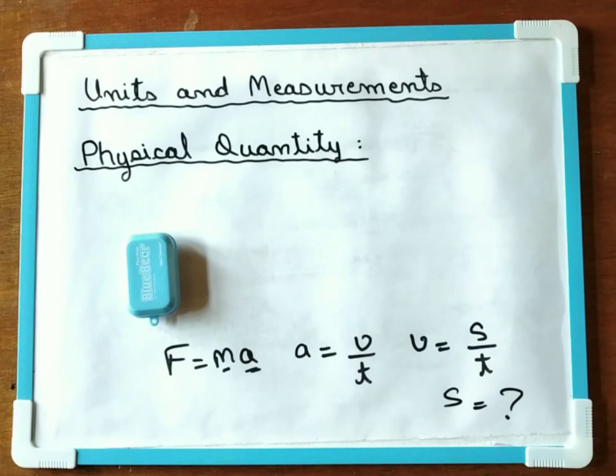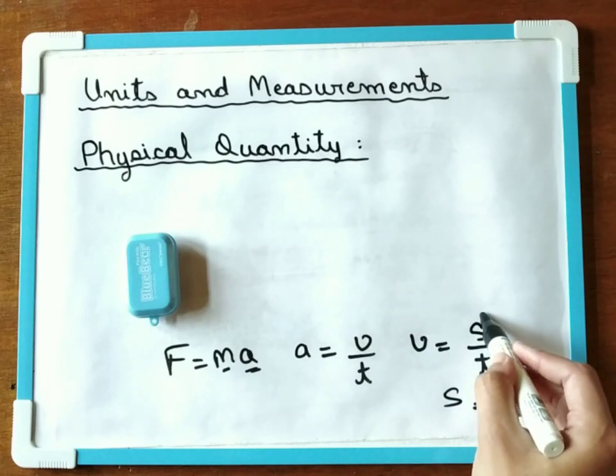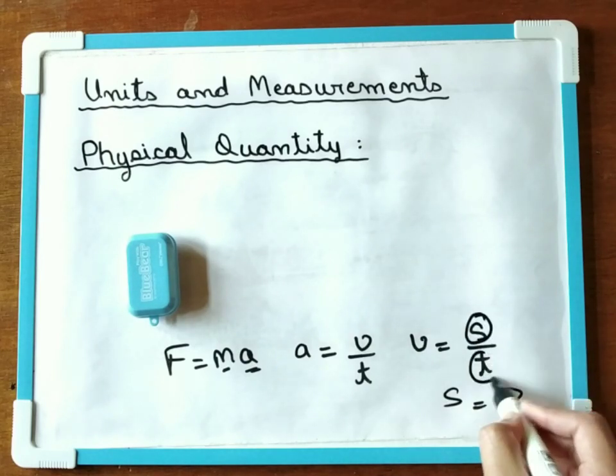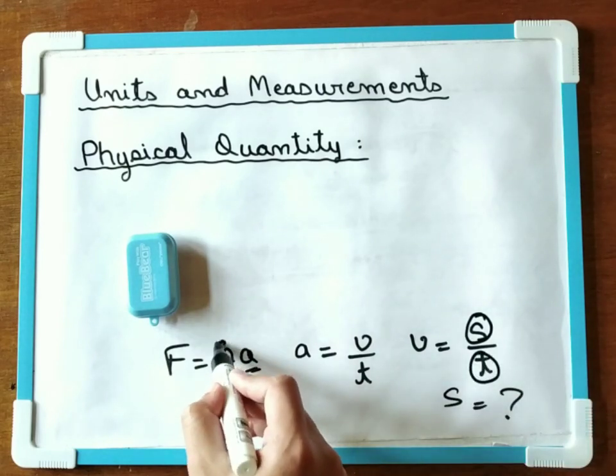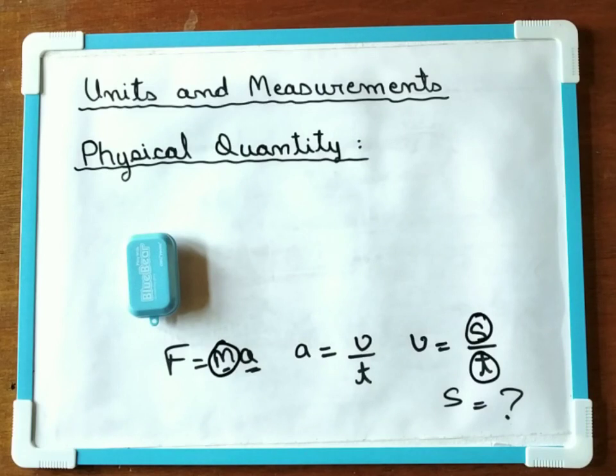So such quantities are known as fundamental quantities, and even time also is a fundamental quantity. And even this quantity here, mass, is known as a fundamental quantity.